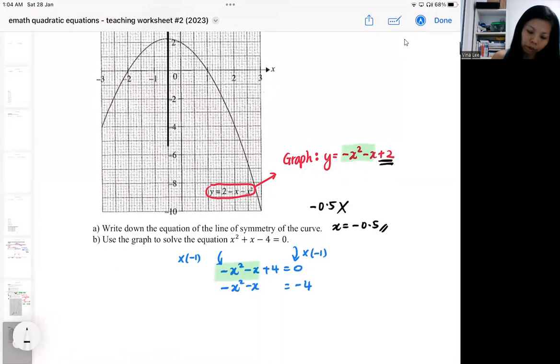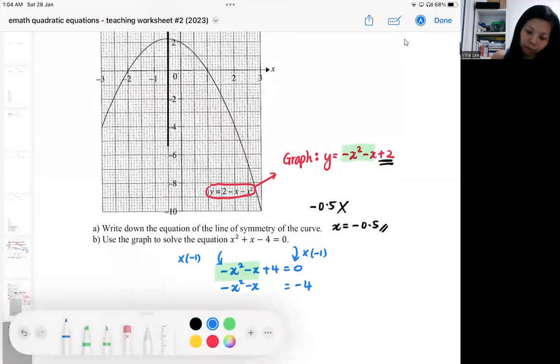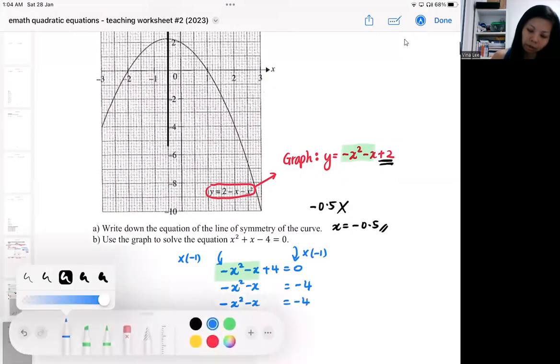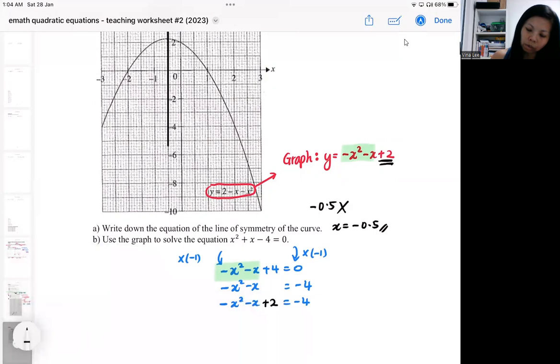So I'm going to +2 on both sides. After I do the +2 on both sides, this will be my graph. My graph will be equal to -2. And your graph is y.